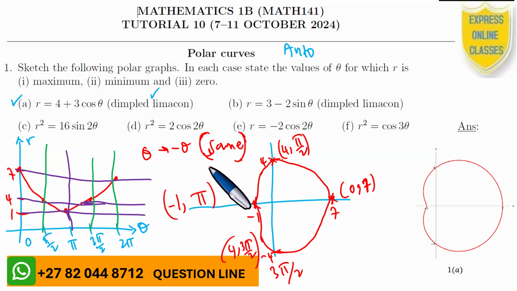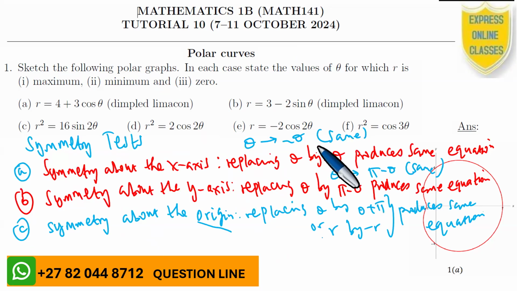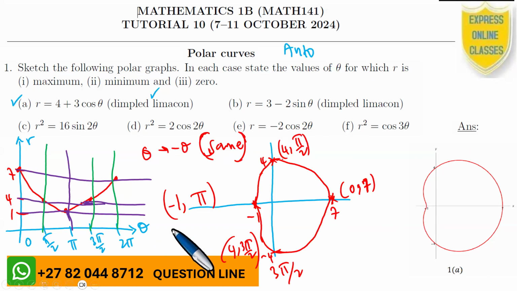So if the graph is the same, it means therefore that this graph is symmetric about the x-axis. Meaning about the x-axis, the upper graph is the same as the graph at the bottom.